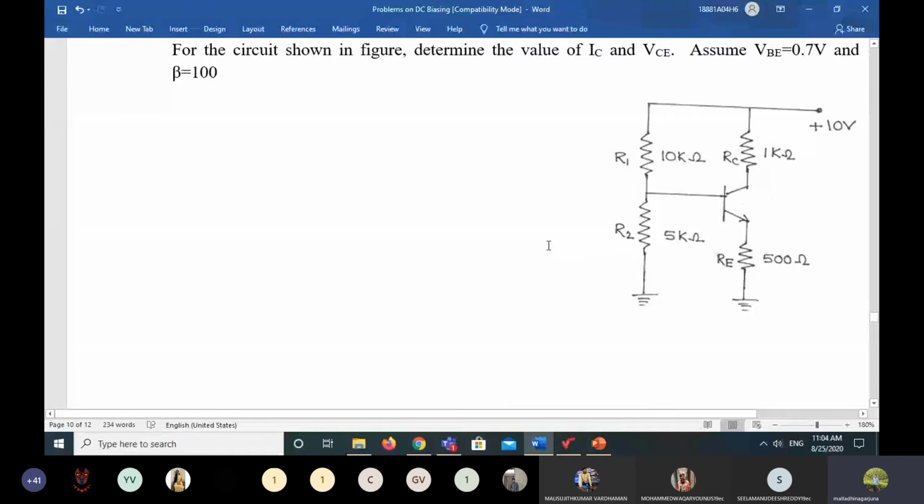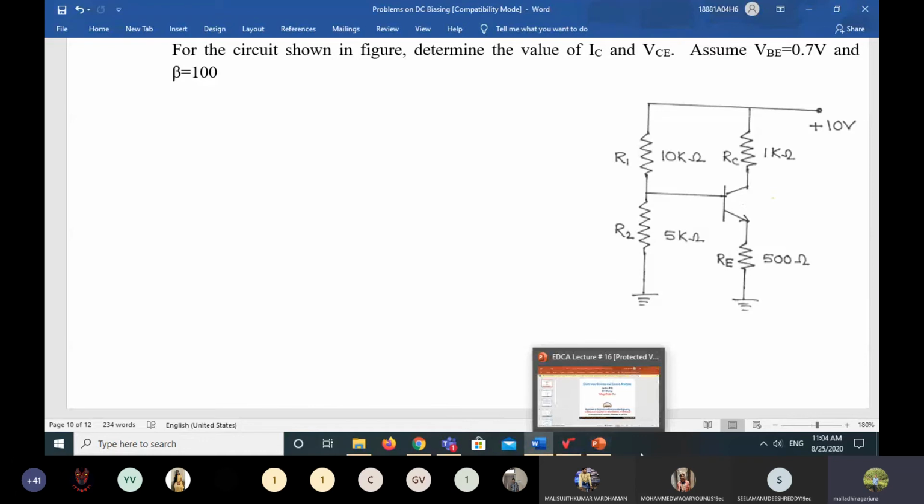First draw the circuit, the question and circuit. So the basic formulas are there. Just go back and see your voltage divider bias technique, how we calculated the operating point and how we calculated the stability factors. Just go back and see. I will show you here also.